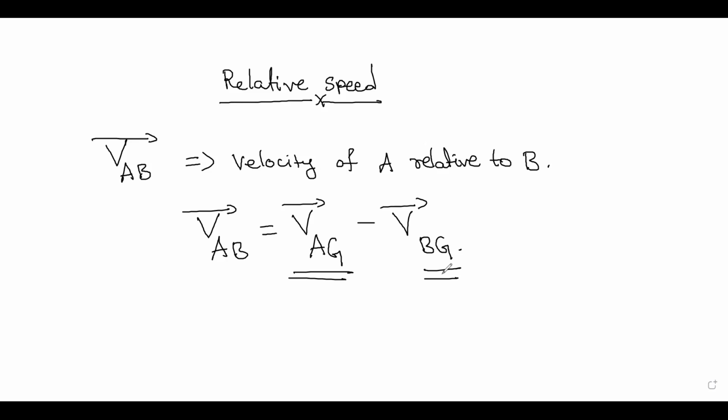Okay, first note this. What is the ground velocity? 0. Okay. Suppose, what does this relative velocity tell you? Suppose two objects are moving in opposite directions, let us say this is VA and this is VB.